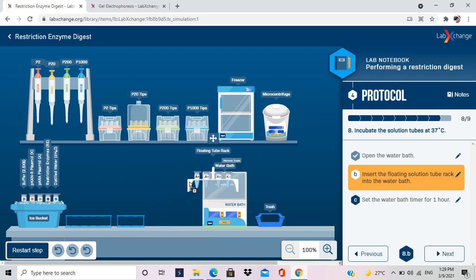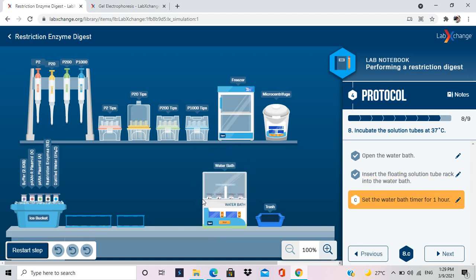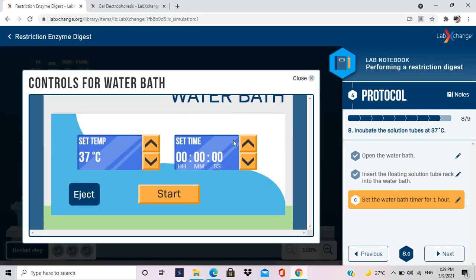And after that, I put the floating tube rack into the water bath. Close the water bath first and set the timer to 1 hour.